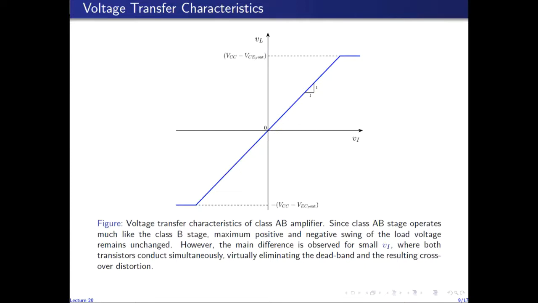Remember that the dead band was a result of the time when both QP and QN were in cutoff. Since around this region both transistors conduct, there is no dead band, and when there is no dead band, no crossover distortion is observed in the output voltage across the load.